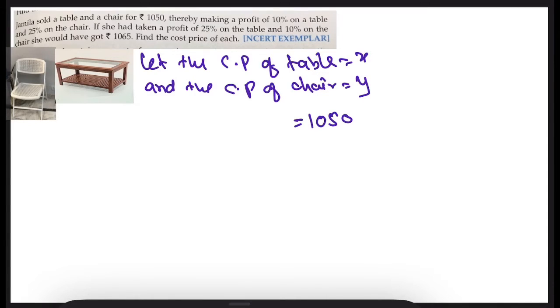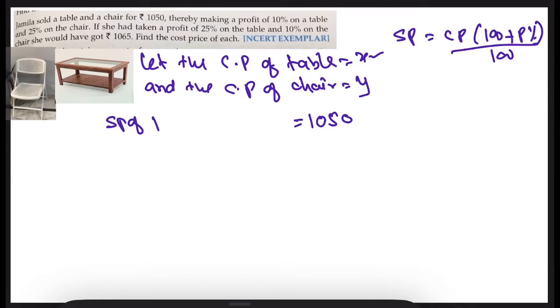So, how to find out selling price? What is our formula? Selling price equals CP into 100 plus profit percent upon 100. So, let us take the selling price of table plus SP of chair. This is the question you got, first case, isn't it? Now, SP of table, let us take out.